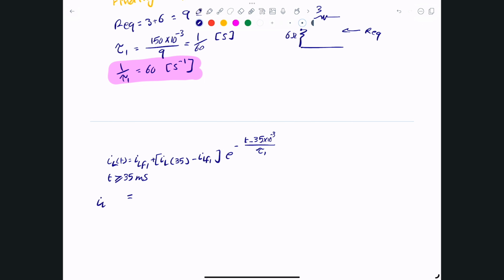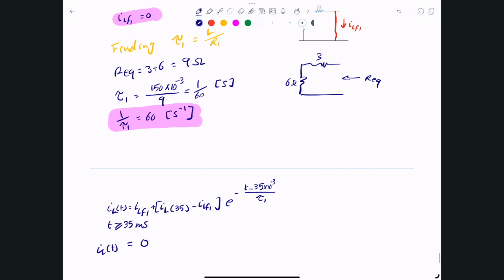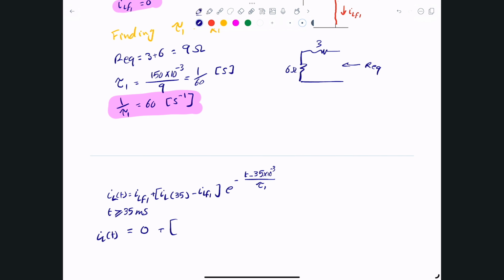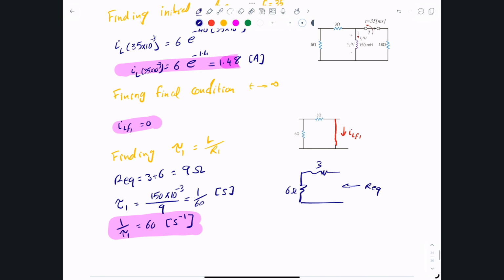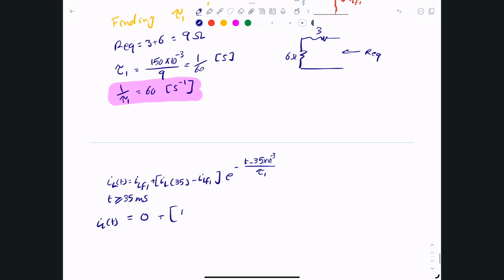IL of t is just simply, well, what's the final value? We decided that the final value should be 0, plus the initial value. We computed the initial value to be approximately 1.48 amps, minus 0, times e to the negative 60 times t minus 35 times 10 to the negative 3.